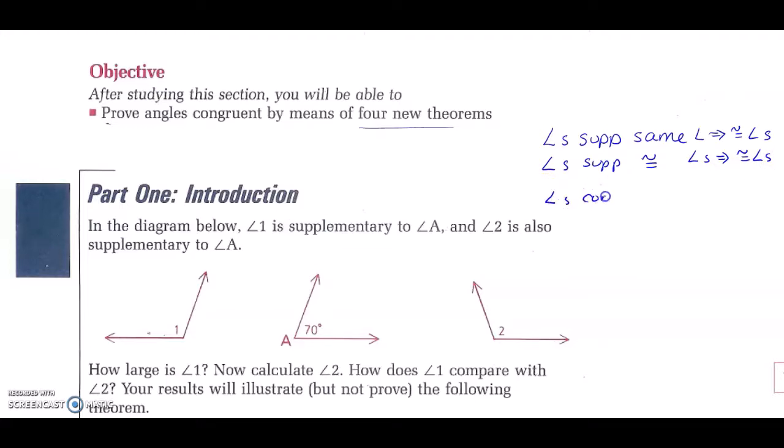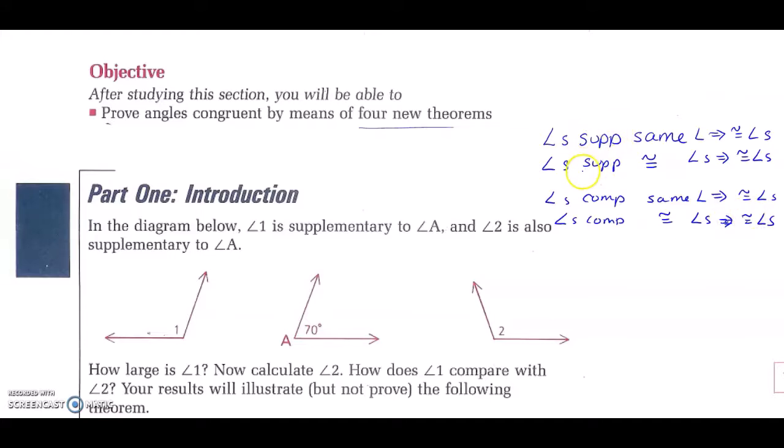Angles that are complementary to the same angle implies congruent angles. Angles that are complementary to congruent angles implies congruent angles.